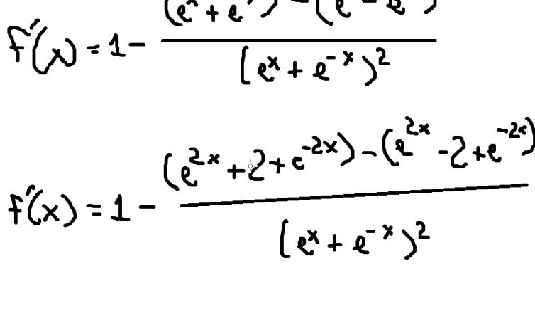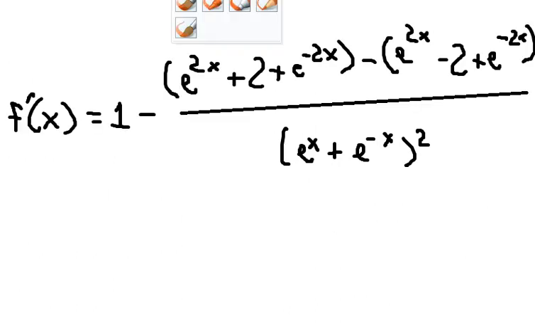Now we simplify the numerator. So e to the power of 2s minus e to the power of 2s, they cancel. E to the power of negative 2s minus e to the power of negative 2s, they cancel. Now we just have this one left.